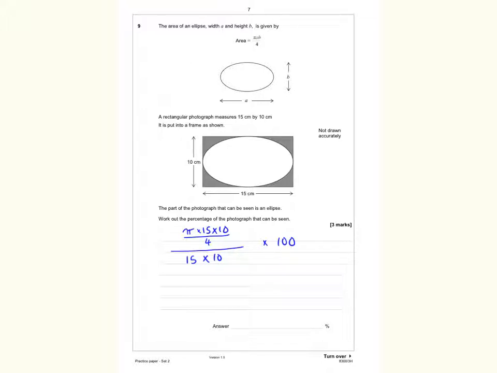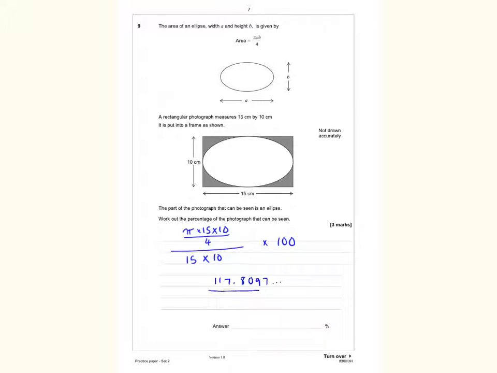So if I work that out now, 15 times 10 times pi and divided by 4. Okay, so that gives me a value around 117.8097 and some more digits.